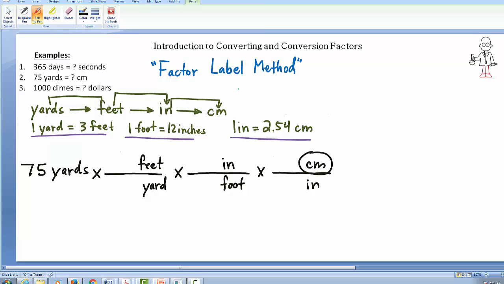I know I want to wind up with some number in centimeters. So now all I have to do is go ahead and put in my conversion factor.